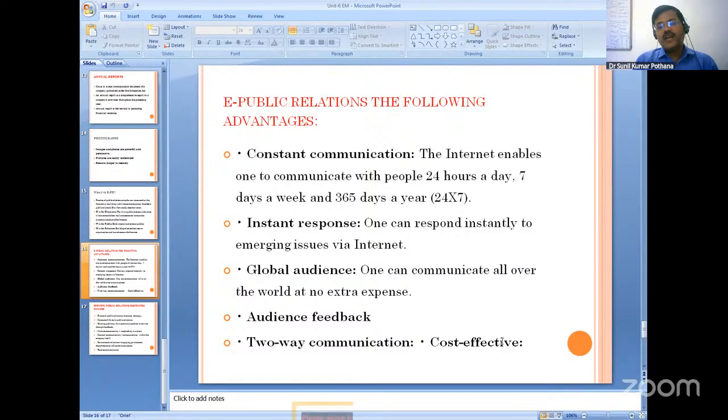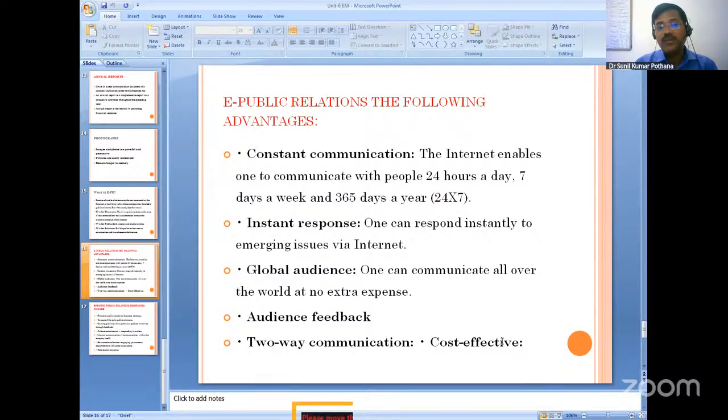Another advantage is cost effectiveness. Internet cost, compared with print media or other electronic media processing, like the print version of a house journal or a newsletter, is less. Compared with that, e-public relations is more cost effective, with a smaller amount.